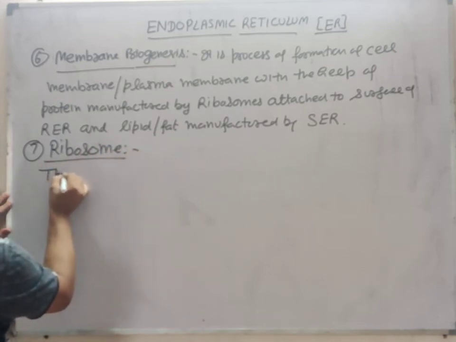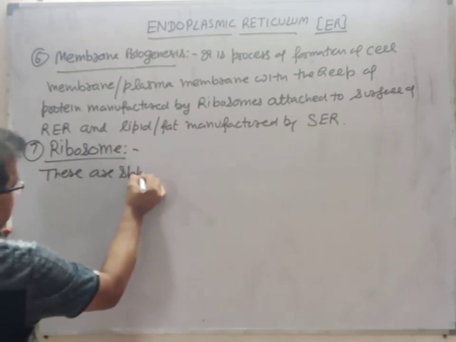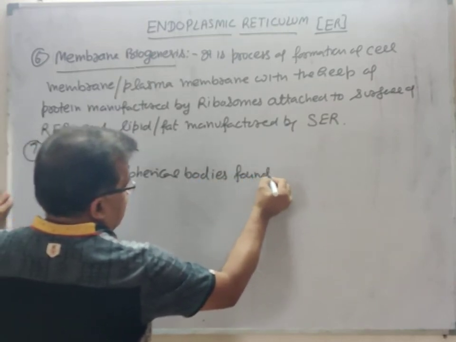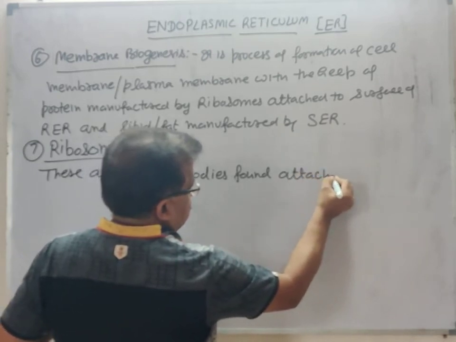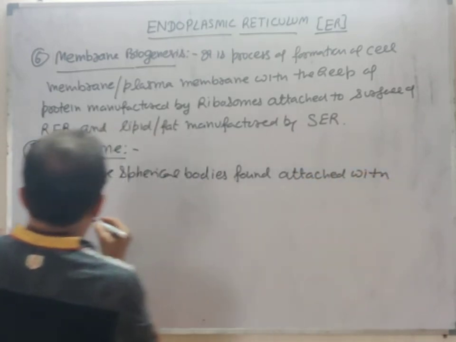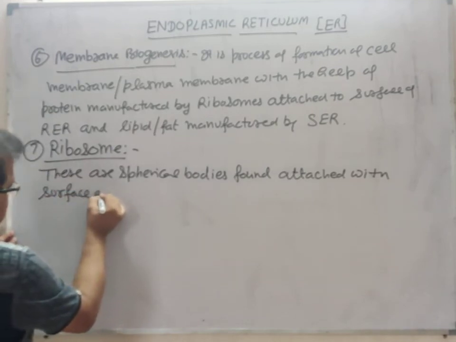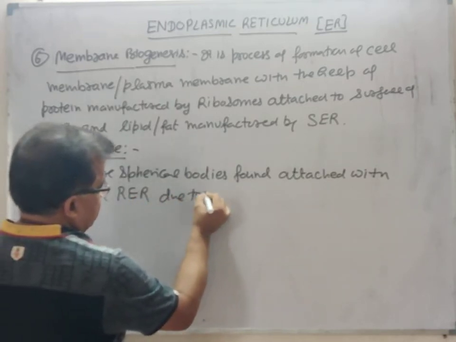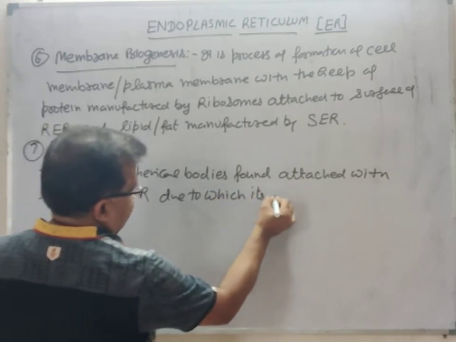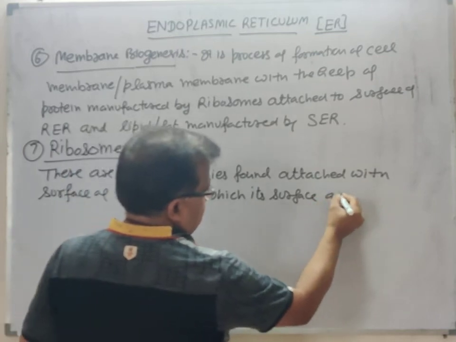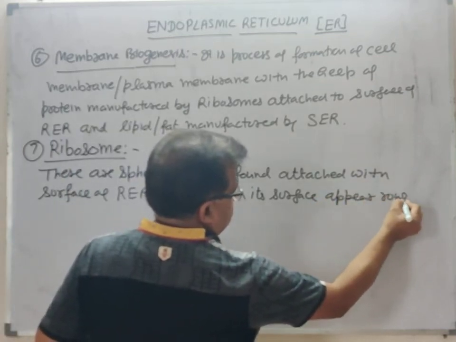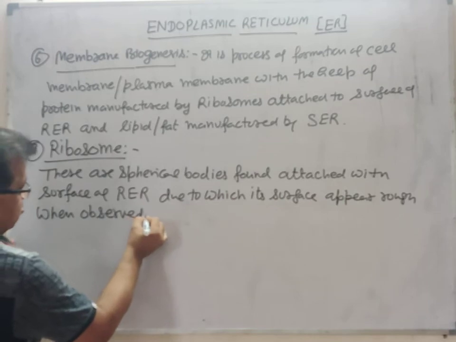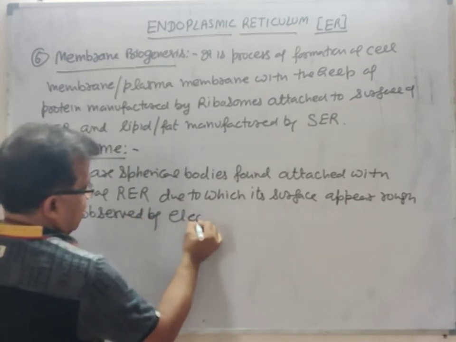So these are spherical bodies found attached with surface of rough endoplasmic reticulum, due to which its surface appears rough when observed by electron microscope.